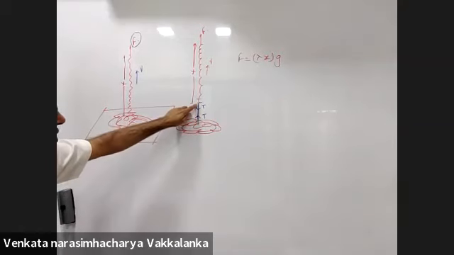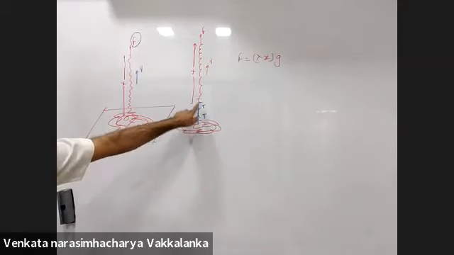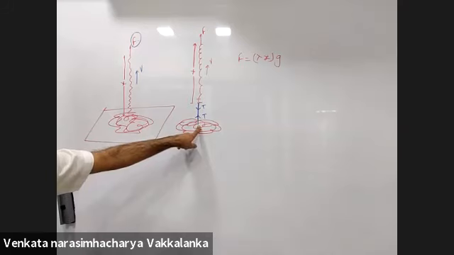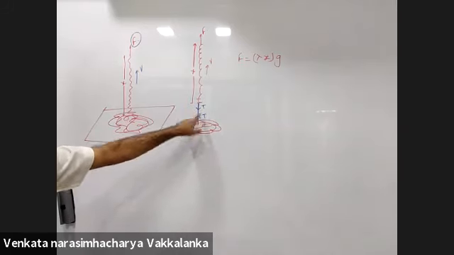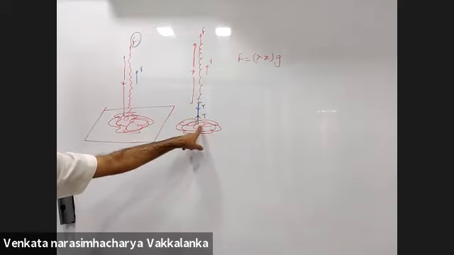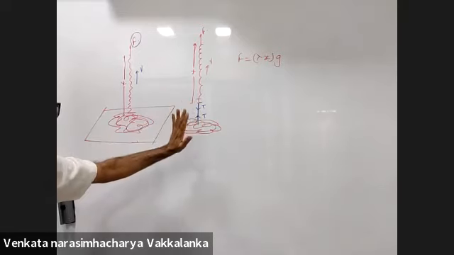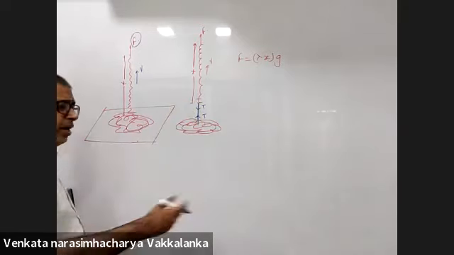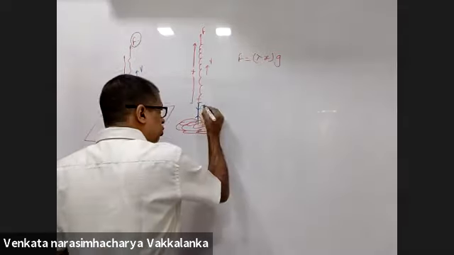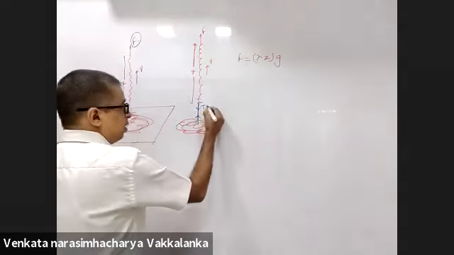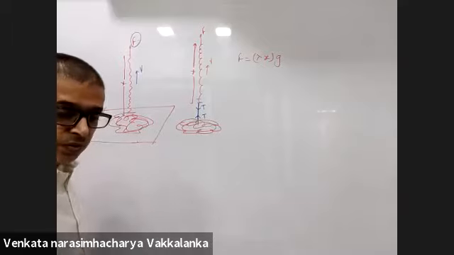You're connecting the string between this and this. So this string doesn't have any mass. Then why did you connect the string? To know the direction of tension. That will be the direction of the thrust force.